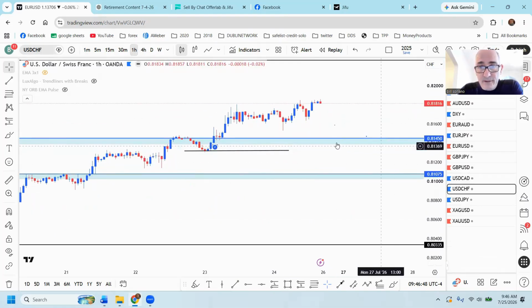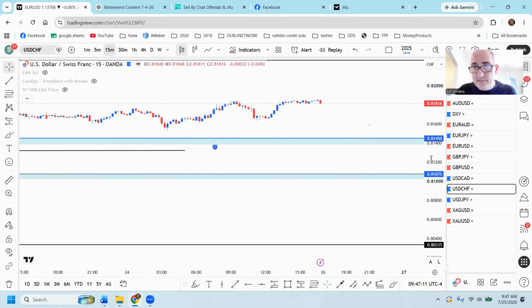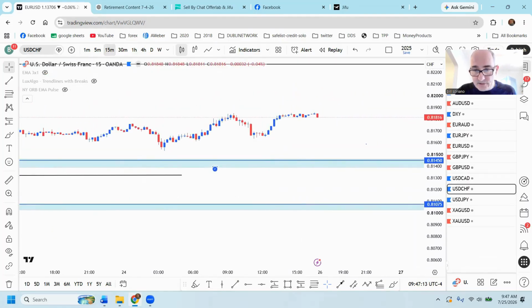On the 1-hour time frame, we identify our zones here. And this is the support zone that I've identified here. And our alert is set at I believe 0.81450. So that's where we have our alert set. Once again, once that alert gets hit, this is a buy position. So we're going to look for that.